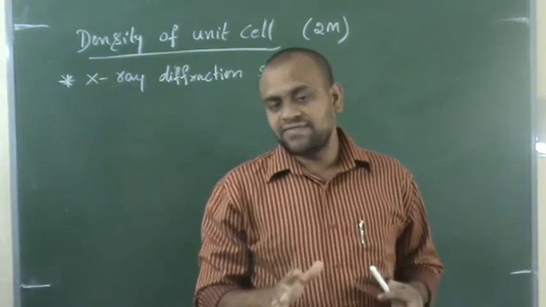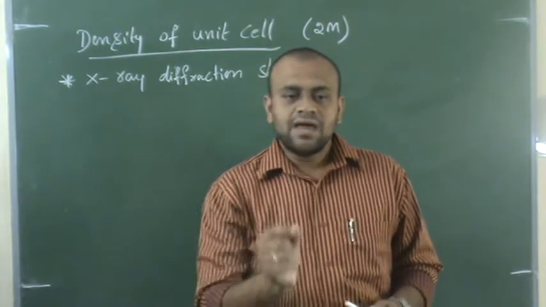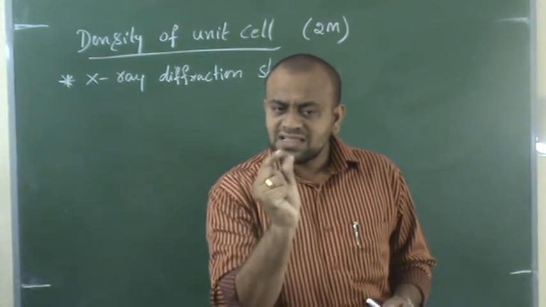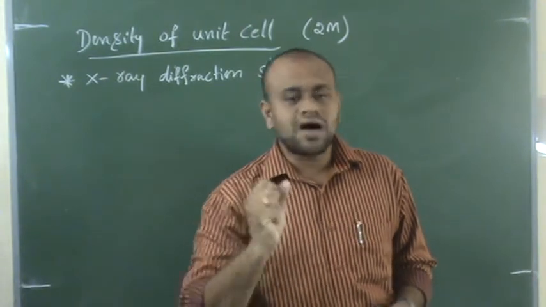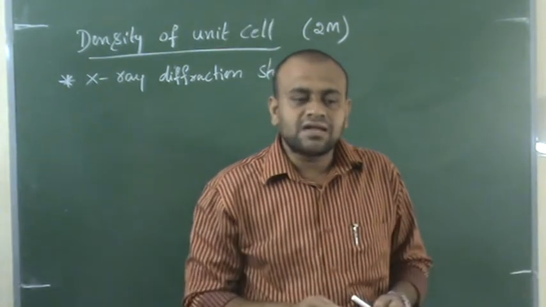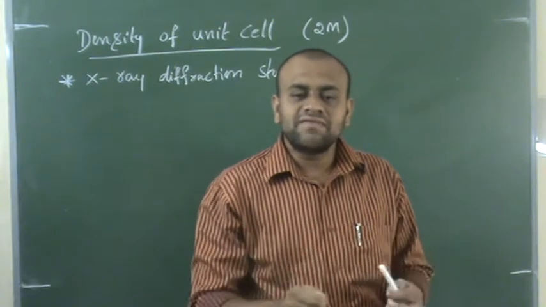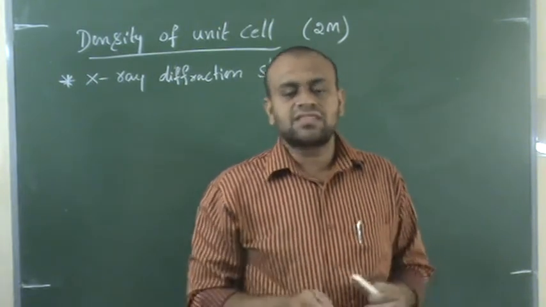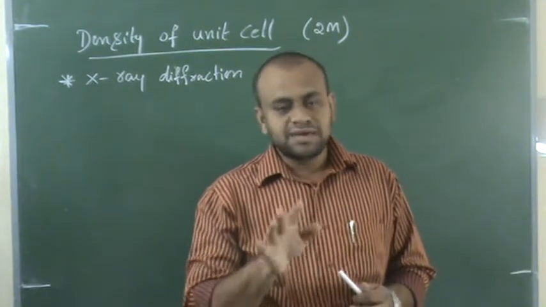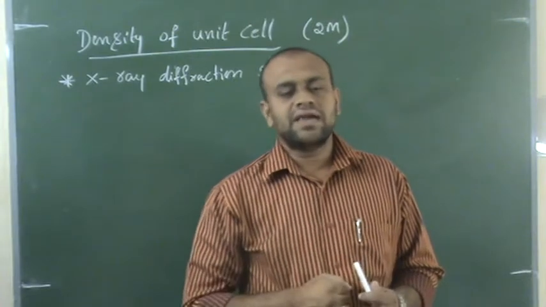This can be identified by X-ray diffraction. And we can also find the edge length. The edge length of a unit cell is very, very small. We can't measure it by using a scale or tape. Then how can we measure the edge length of a unit cell? We can measure the edge length of a unit cell by X-ray diffraction only.